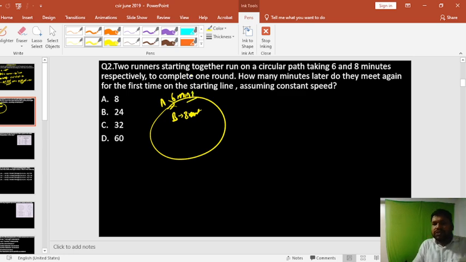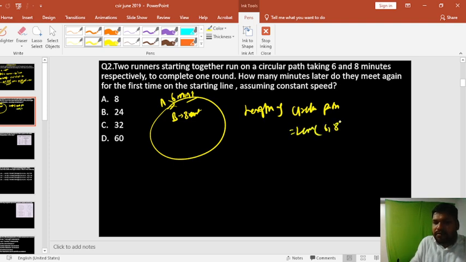To do this question, just try to find out the length of the circular path. We just take the LCM. This is called the trick method. The LCM of 6 and 8 is 24.